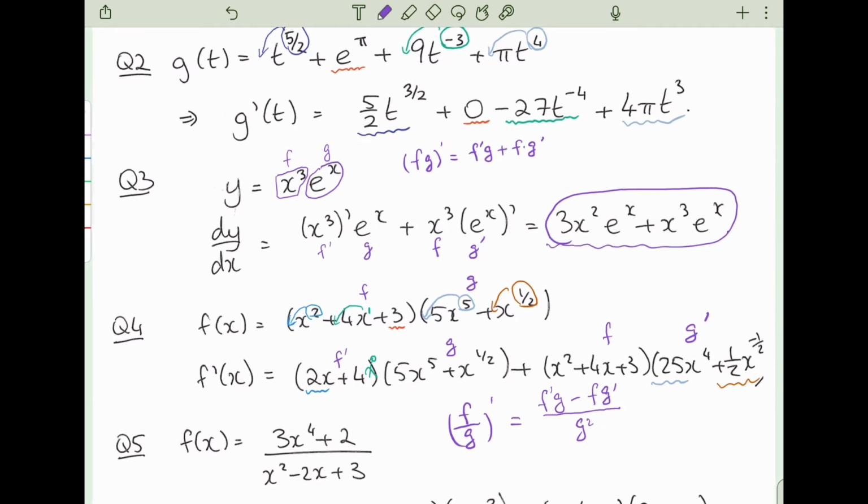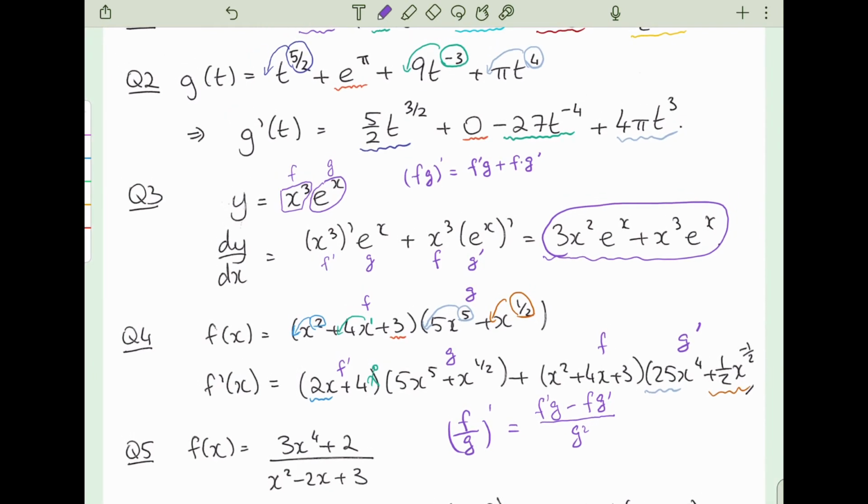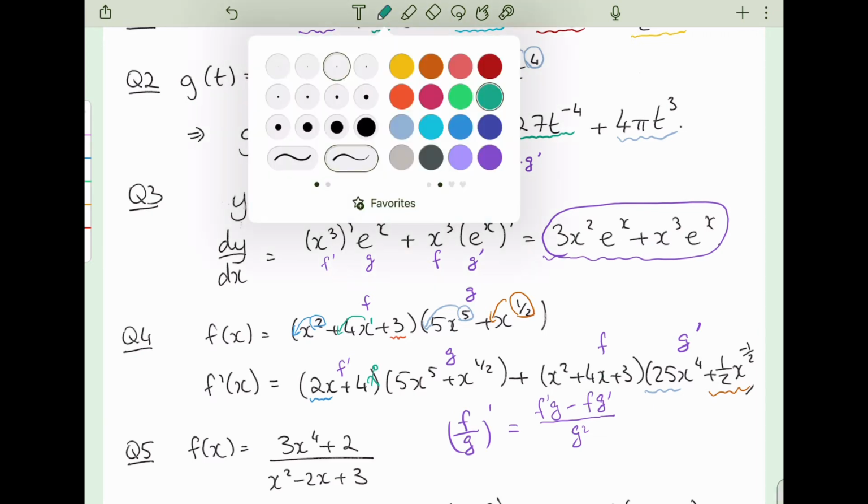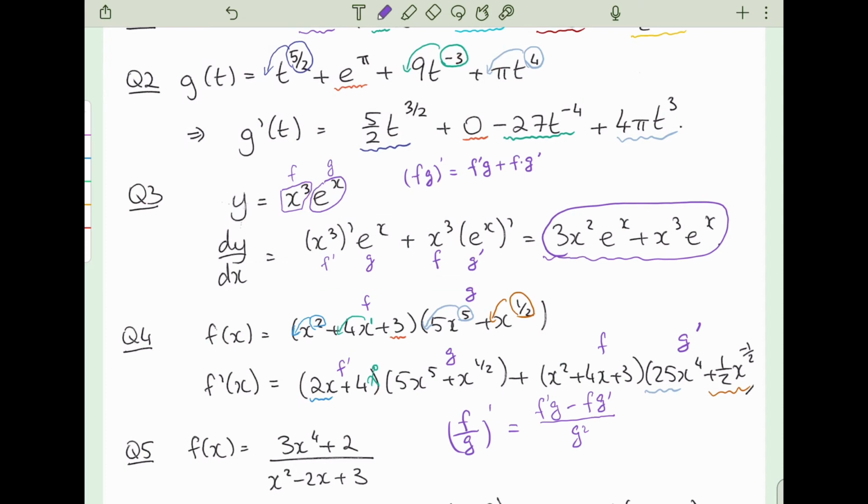So in contrast to the product rule, this sign is minus. Just pay attention to that, not plus. In the product rule, we have the plus sign, but in this, we have the minus sign here.